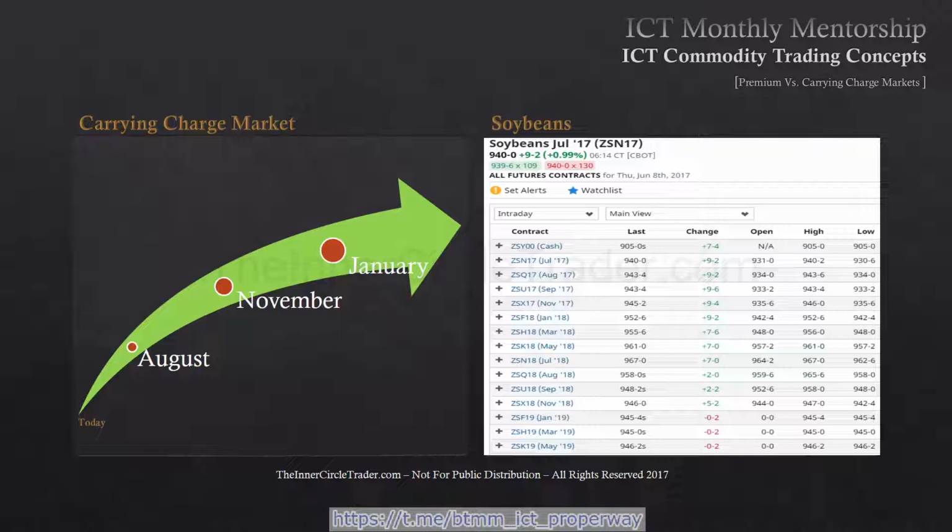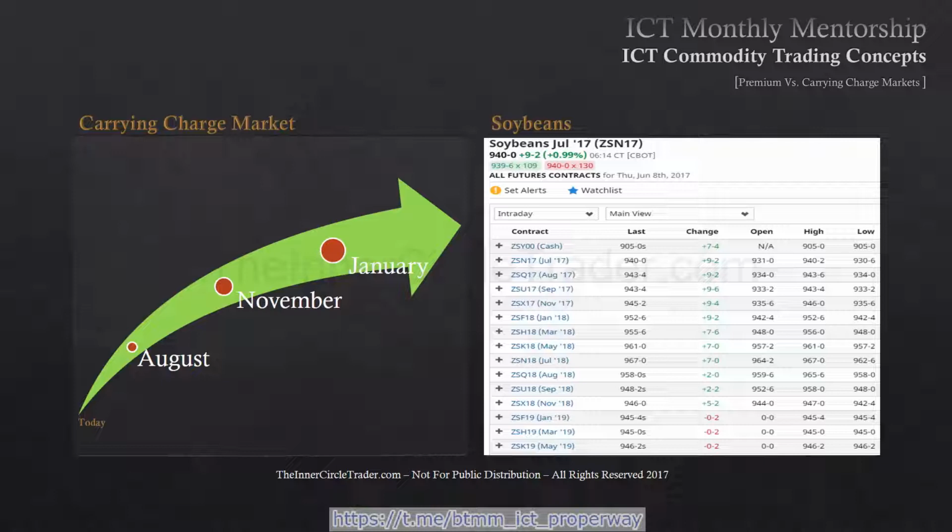The immediate contract month right after the nearby is always referred to as the next month out. So we want to be looking at the nearby and the next month out always, okay, in contrast to whether there is a premium. When there is no premium, we have what is referred to as a carrying charge market.